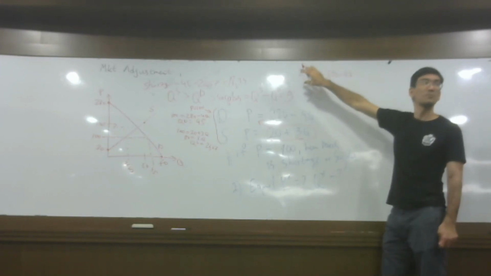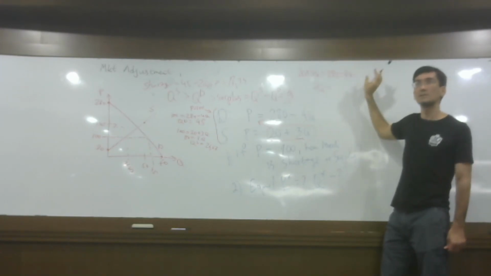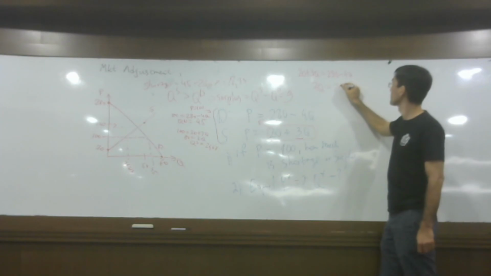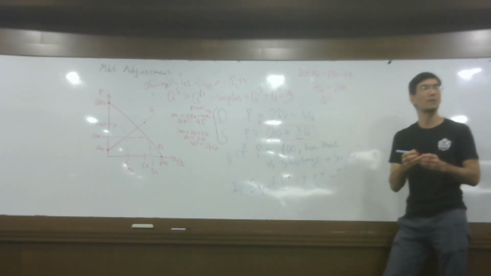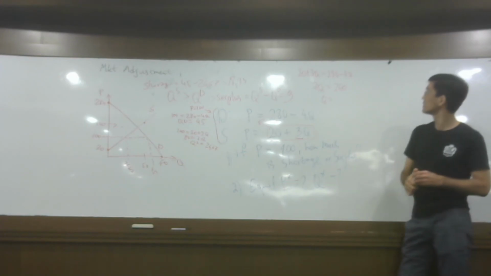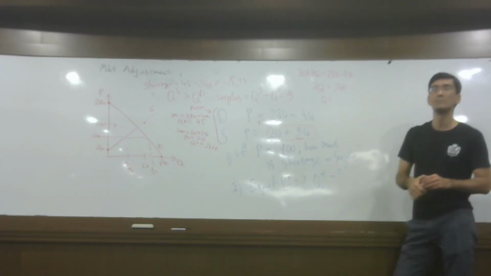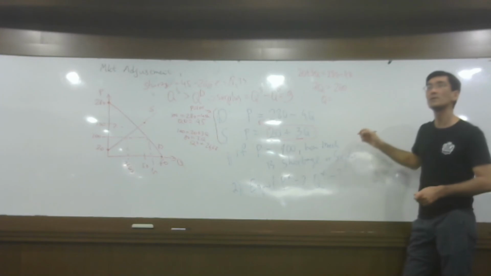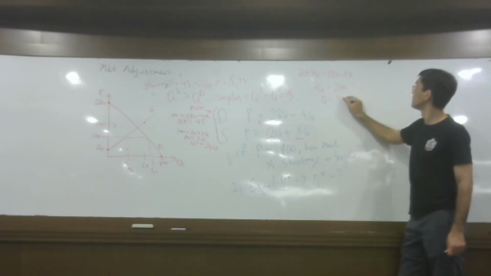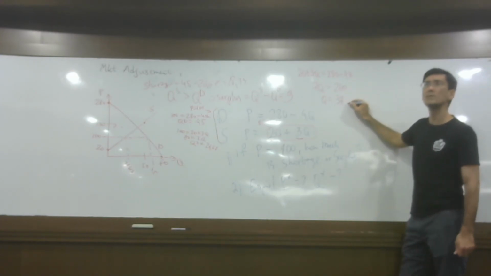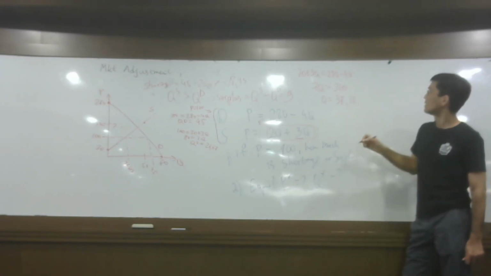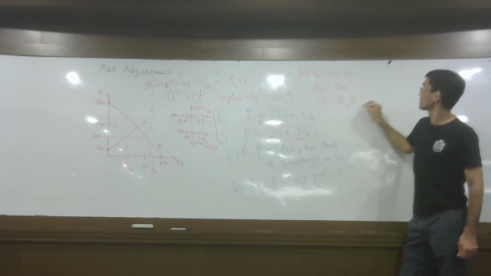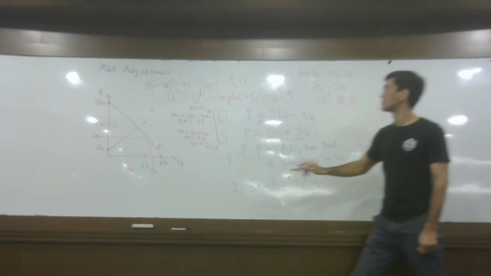Bring everything without Q to the other side, so that's minus 20, which is 260. And Q is equal to 260 divided by 7, which is 37.14. So that's the equilibrium quantity.